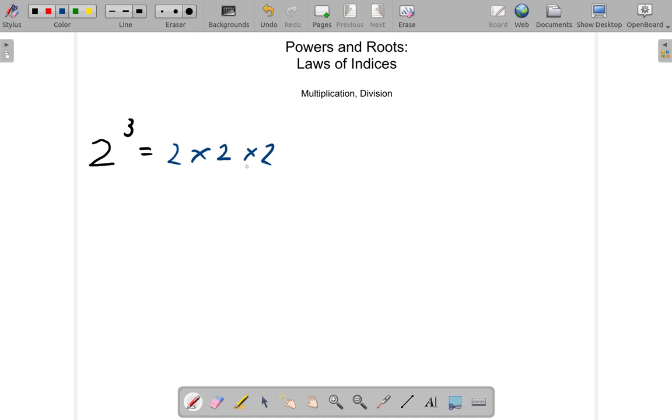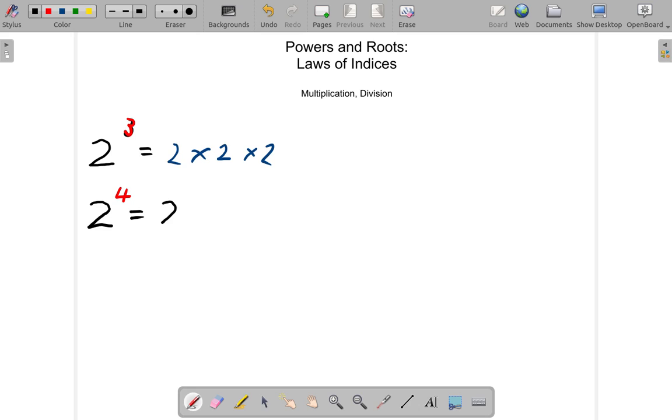Good. You see that? Suppose I have 2 to the power of 4. What would that give me? Let me put back my 2. I want to raise to the power of 4. I'm going to keep the powers in red. 2 raised to the power of 4 is what?